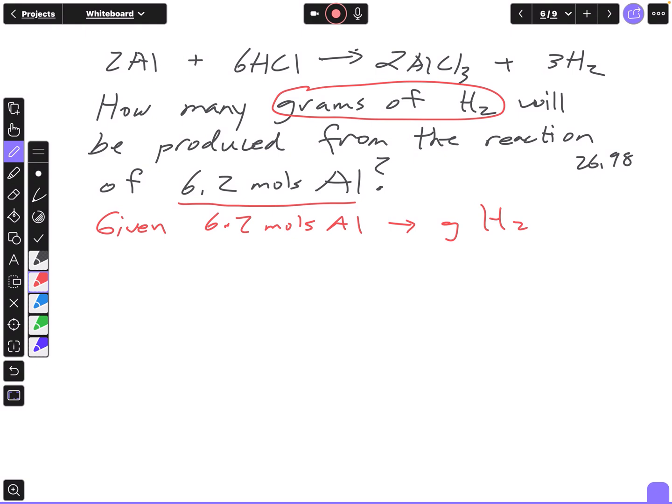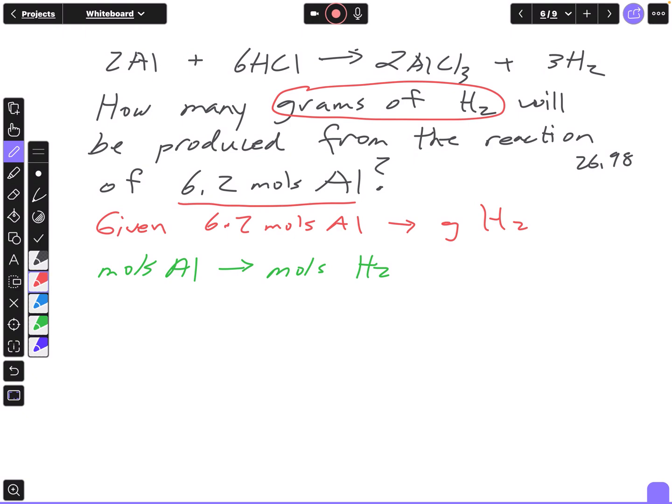That first step, when I convert grams to moles of my given, I can totally skip it and go to step number 2 because I'm already in moles. So I go to step number 2, which is I'm going to convert moles of Al to moles of the substance I'm looking for, which is H2. So I use my balanced equation for this.